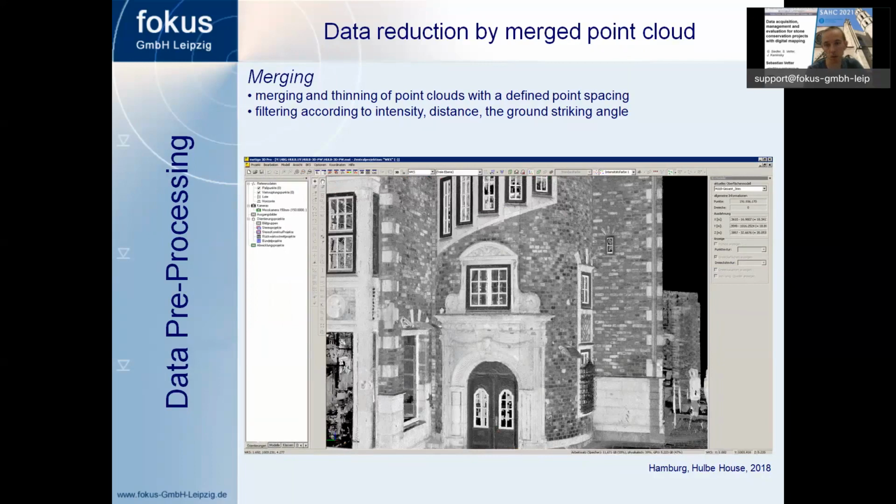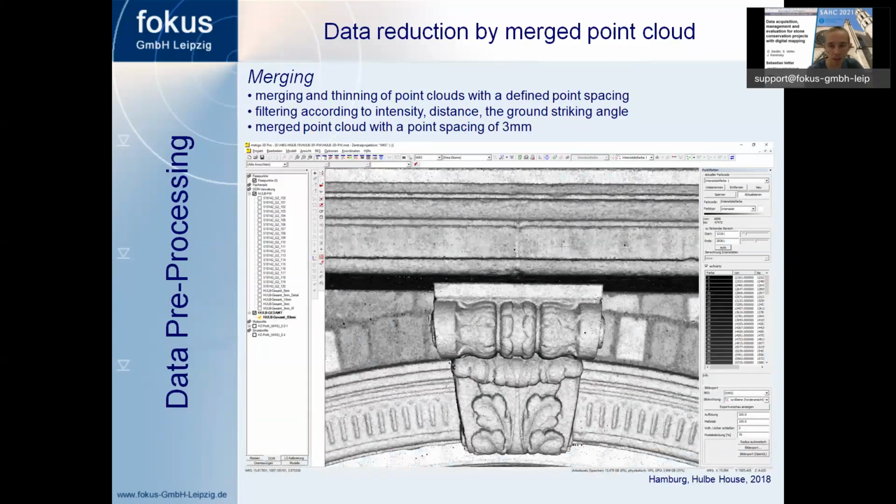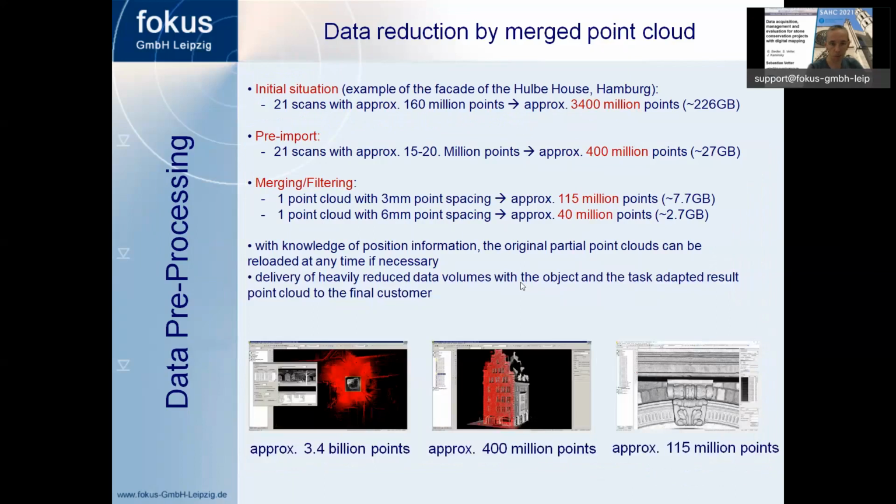In the next step, the single scan positions need to be merged and thinned to one point cloud, and therefore the user defines one point spacing. Here you can see the example of 3 millimeter. If you remember this example of 21 scan positions, you would have a total amount of 3,400 million points.